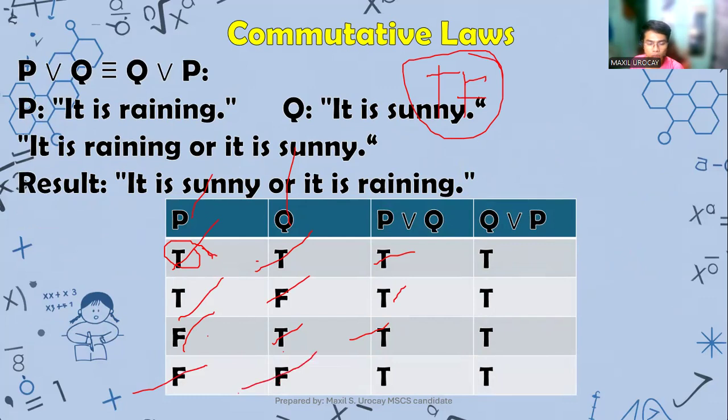False plus false is true. No, that's not true. For false plus false, it is false. Let me change that one because I don't want that to be misleading for everybody. Now, let me just go ahead and correct that. It will become true.